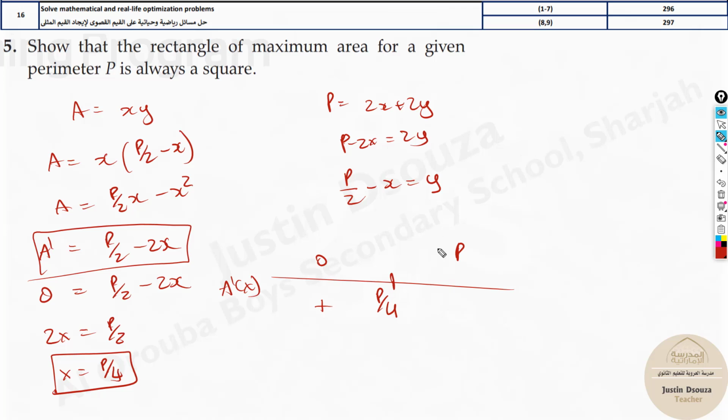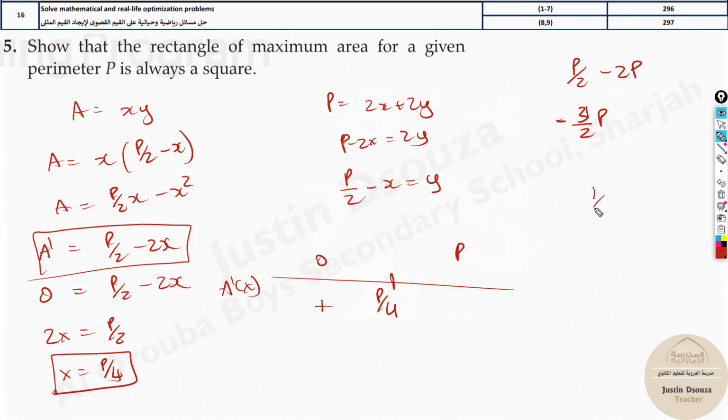Okay. And then what if this is P? So let me solve this. P by 2 minus 2 times P. It will be P half minus 2. What is half minus 2? Sorry, negative. I forgot. Minus 2 plus half is negative 1.5, isn't it?